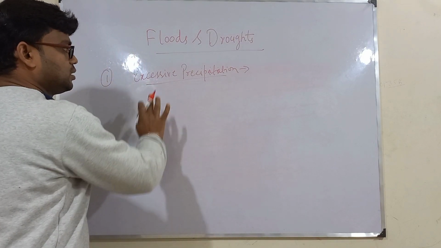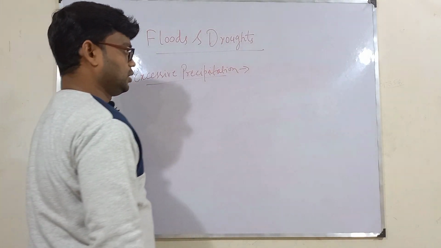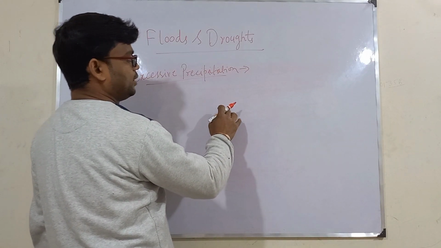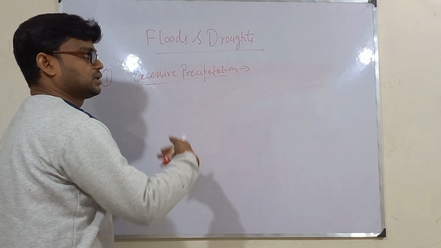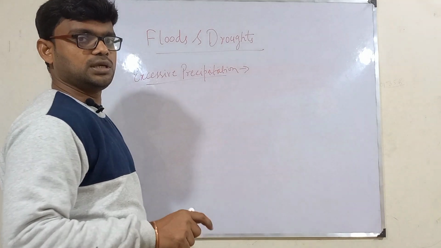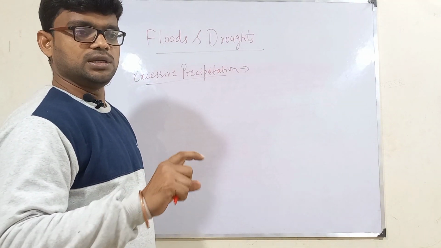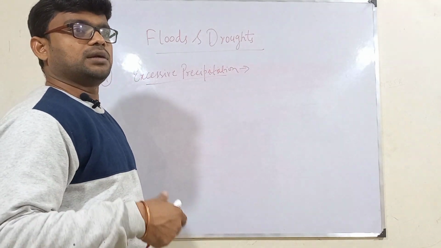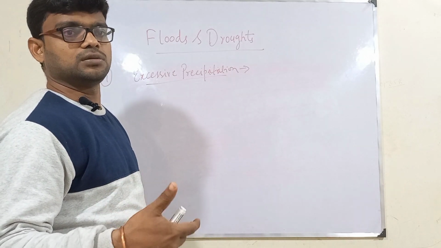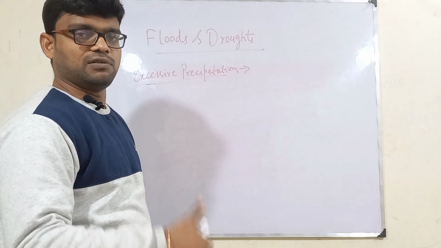Now see, the first and the second, excessive siltation and river discharge, increasing the volume of river discharge, those two types of flood we generally see in the cities which are near river banks. That may be Patna, Varanasi, Prayagraj and many other cities which are near river banks.